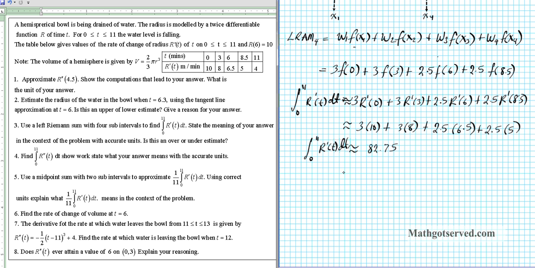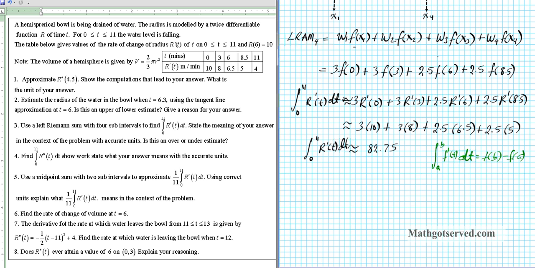Using FTC part 1, remember, let's write this down on the side: the integral from a to b of f prime of t dt is equal to the antiderivative of f prime, which is f, evaluated at b, minus f evaluated at a.